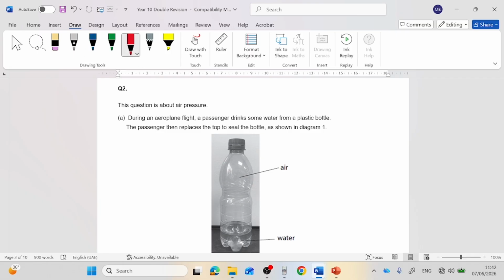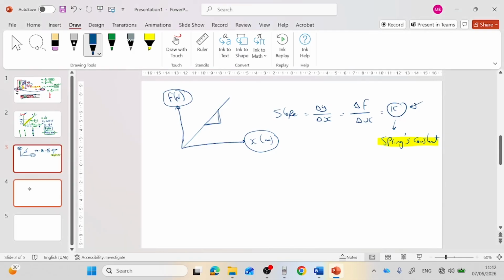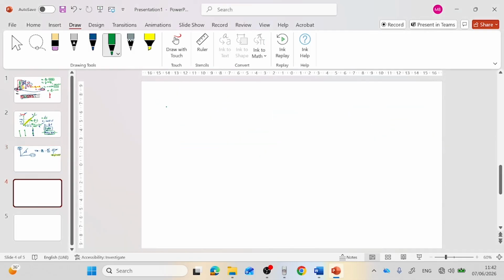For the second question, it's related to pressure. So let's try to explain the part which is related to pressure. We said that pressure is equal to the average force which acts perpendicular on a unit area. So if this is the area, and you have a force which acts normally, which means it makes an angle of 90 degrees on the surface.